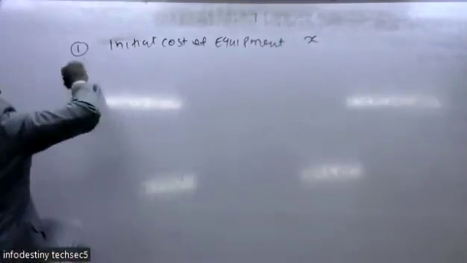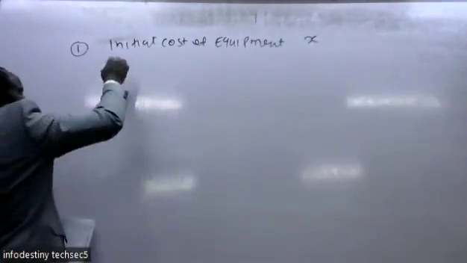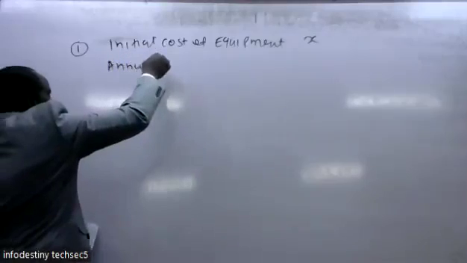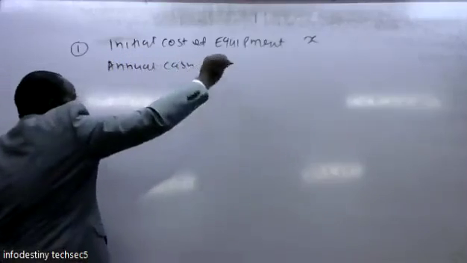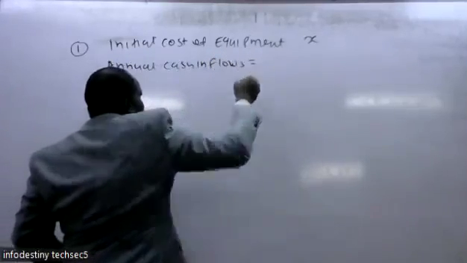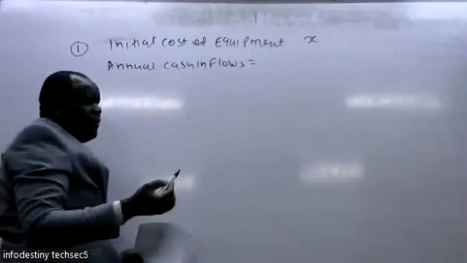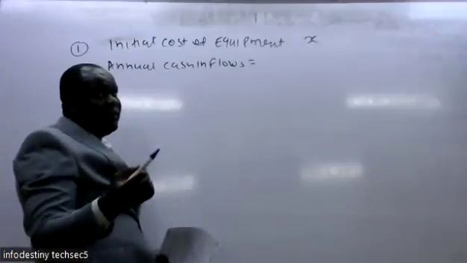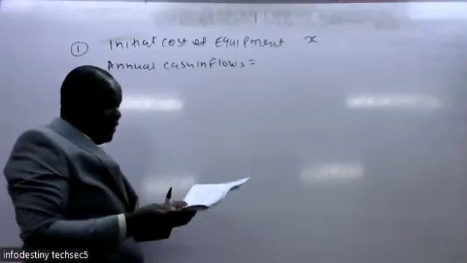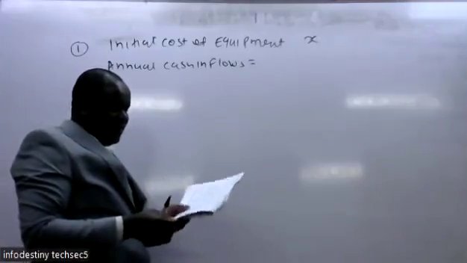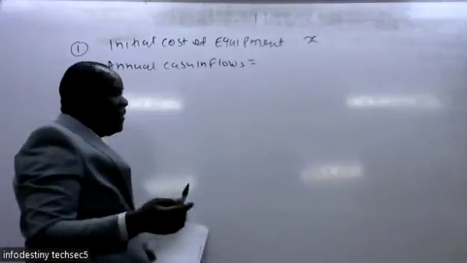Then you remember we said that this time round, they have not given annual cash inflows. Annual cash inflows will simply be revenue minus the variable cost, because the question had no fixed cost. They only gave you something brief about sales revenue and what? Operating cost.